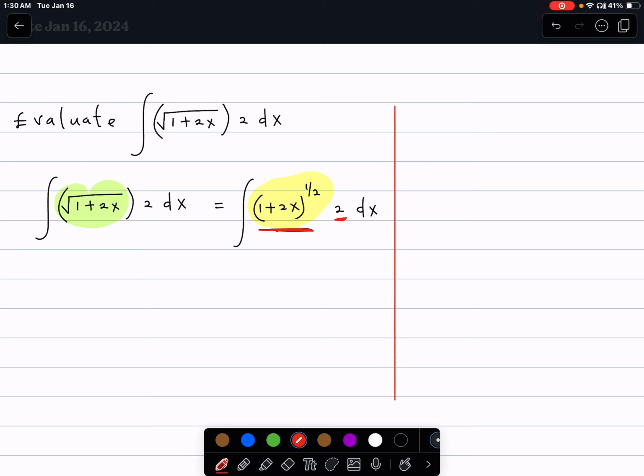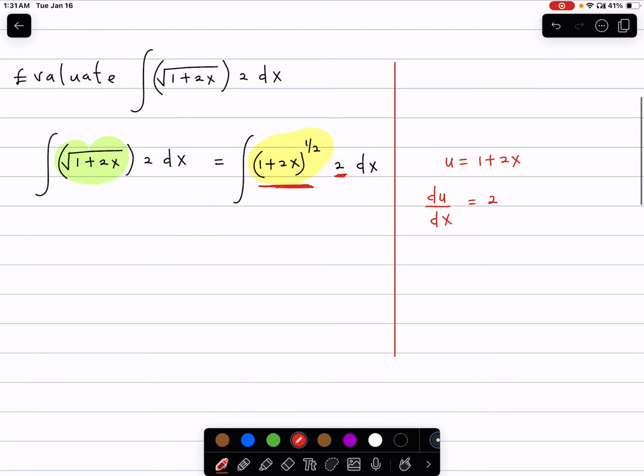So I'm going to take my u to be 1 plus 2x. So my u is 1 plus 2x, not everything, not (1 plus 2x) to the power of 1/2. My u is just what is inside the parentheses. Now, the next thing I'm going to do is take the derivative of u, which is du dx, and that is just going to be 2, right?